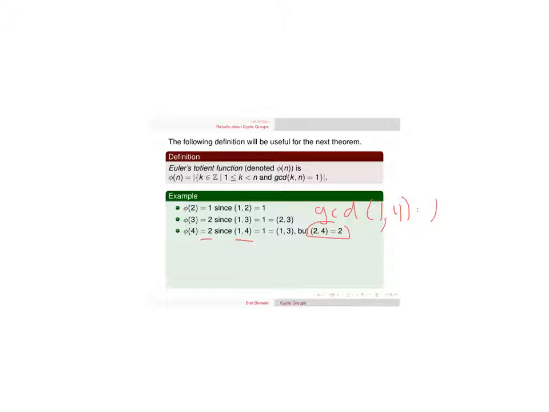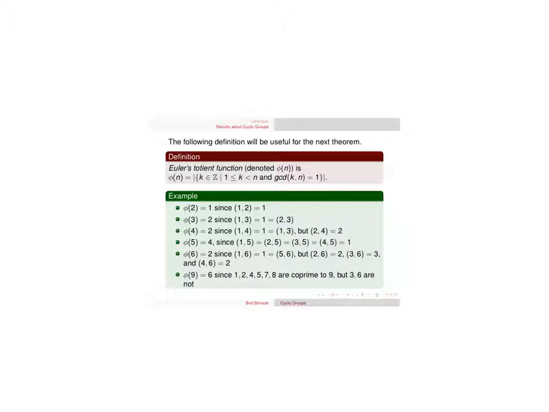The phi of 4 is 2, since 1 and 3 are relatively prime to 4, but 2 is not. Alright, phi of 9 is 6 because 3 and 6 are no good, but these numbers are coprime, so we get 6.